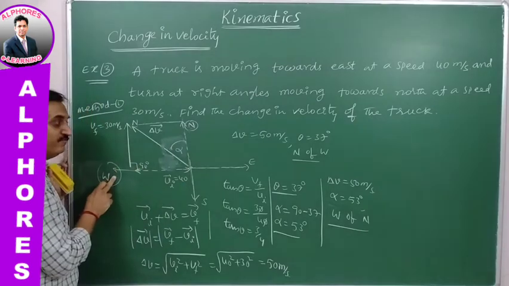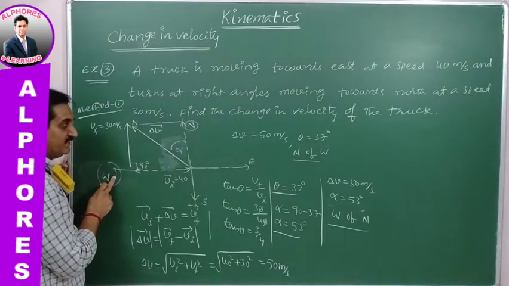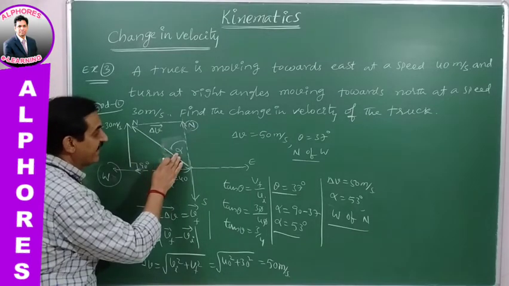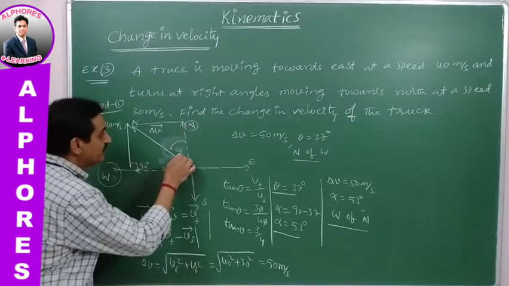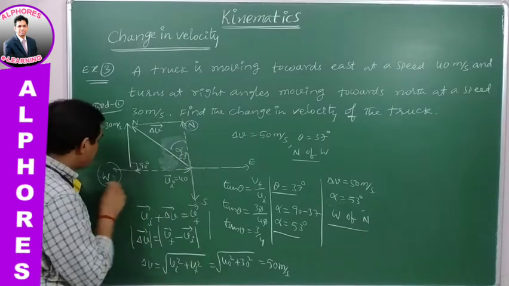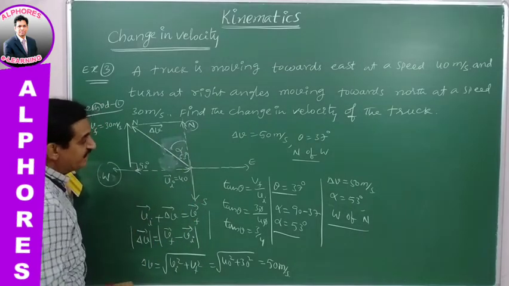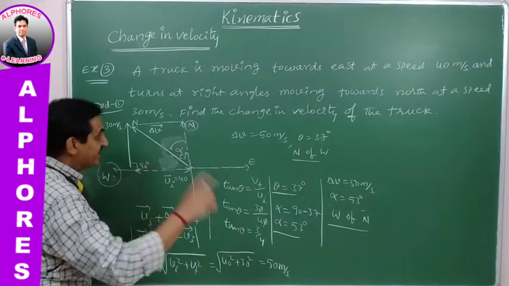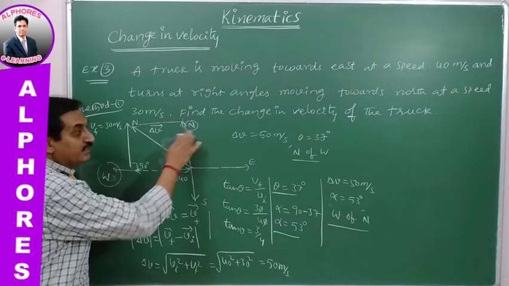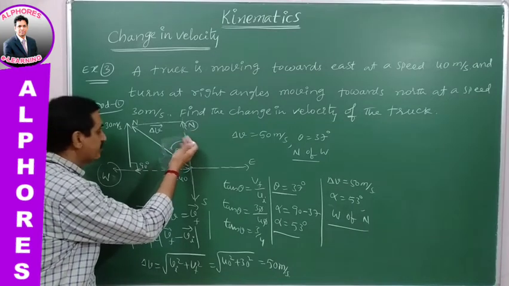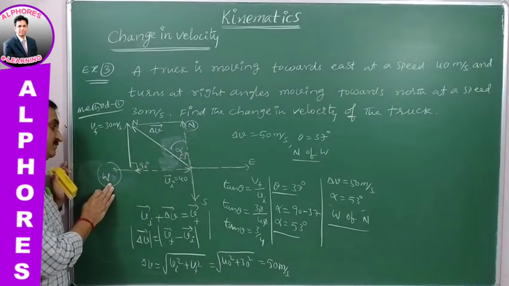Priority is given to west initially, then go for north. West of north, if it is making an angle of 53 degree with the north direction. Therefore in this case, the change in velocity will be 50 meter per second and alpha 53 degree west of north. While giving the name, priority goes to west.